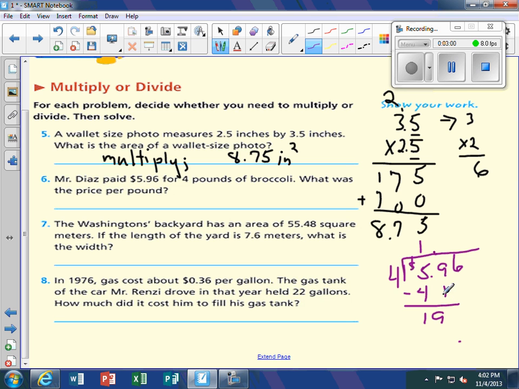Bring the 9 down. 4 times 2 is 8. Subtract. Division and subtraction go together, and your last digit is a 6. That goes in there evenly. Subtract with no remainder, and your answer would be to divide. And the answer is $1.49 per pound. All right, let's move on.